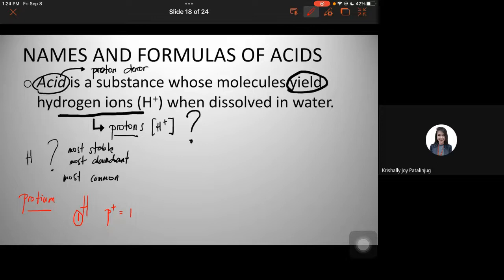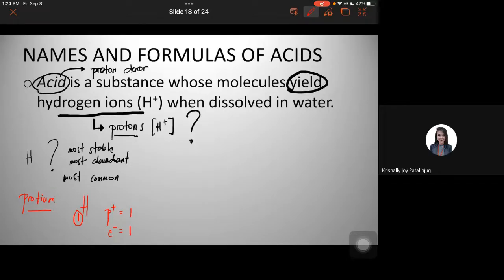Recall, atomic number is just equivalent to proton number. Since the given element is neutral, with no charge, proton number is also equivalent to electron number. That's our consideration if the atom is neutral. So the electron number is also 1.